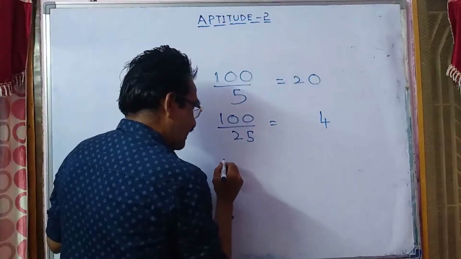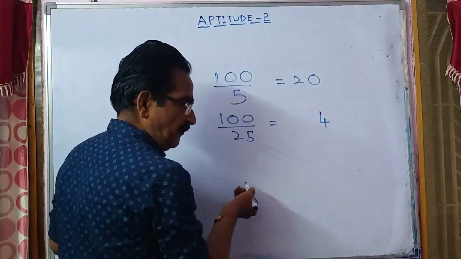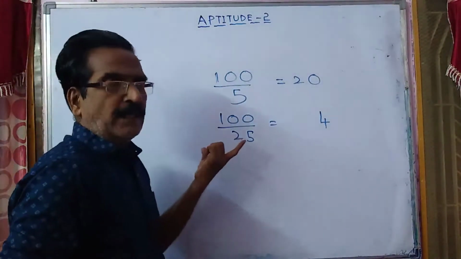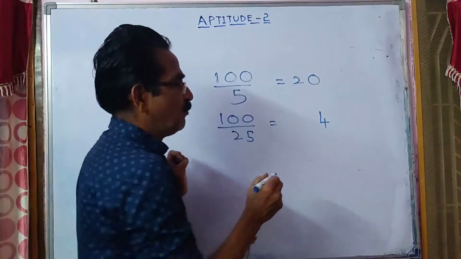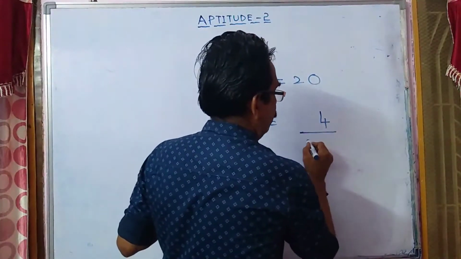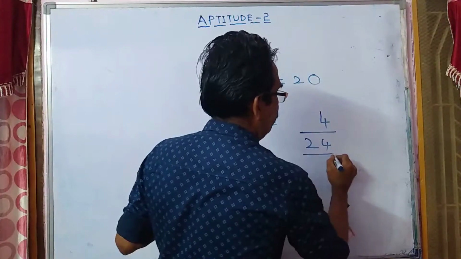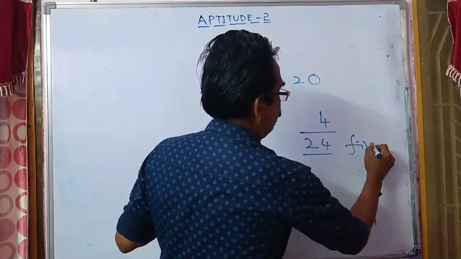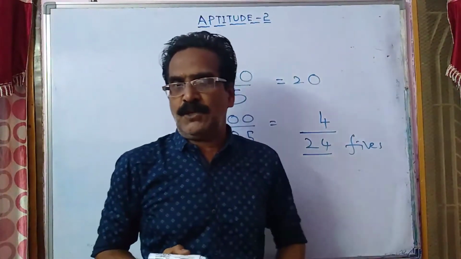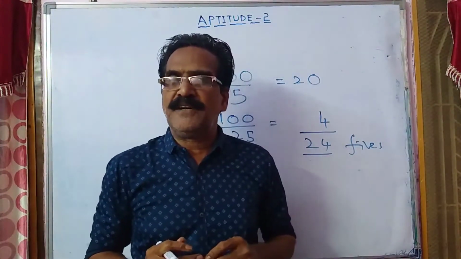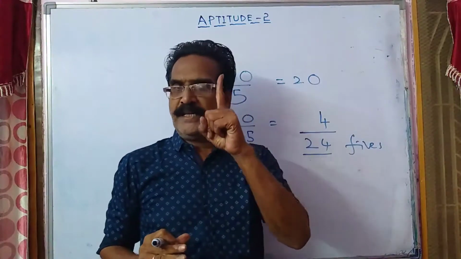Now let us divide 100 by 5 cube, 125. We cannot divide 100 by 125, so our process is over. There are 24 5s in 100 factorial. So the number of zeros in 100 factorial is also 24.